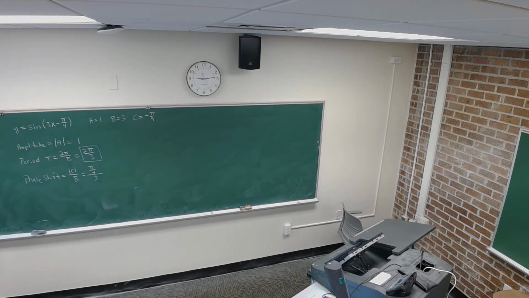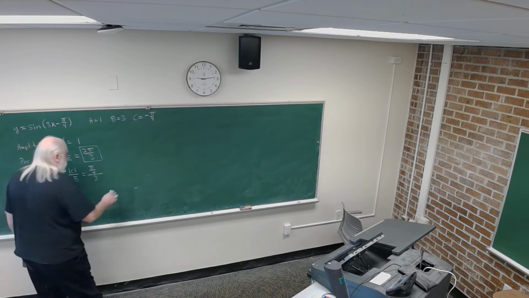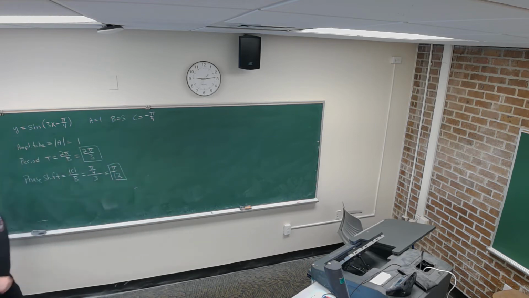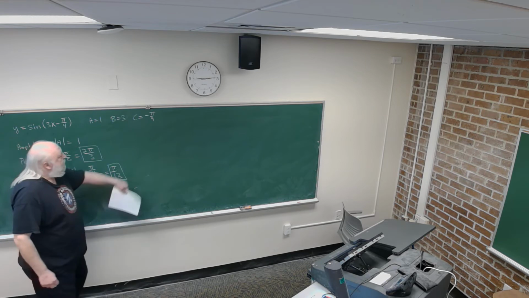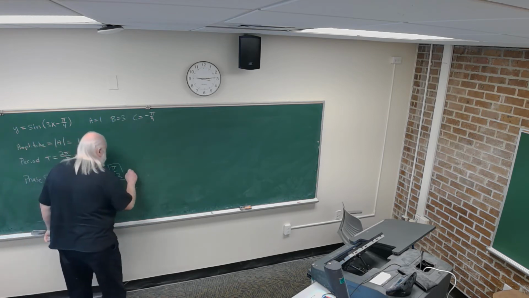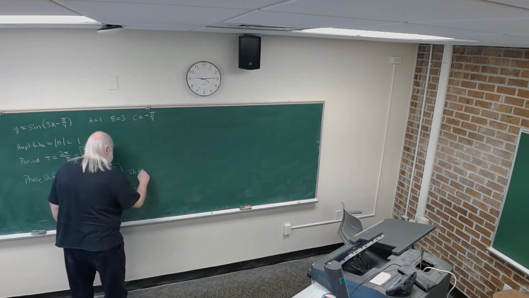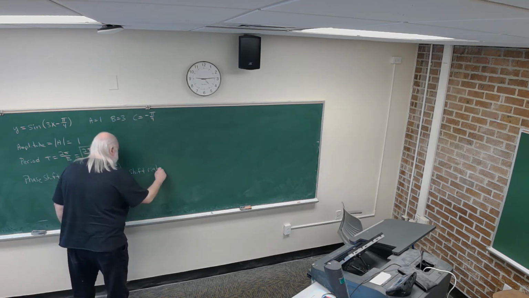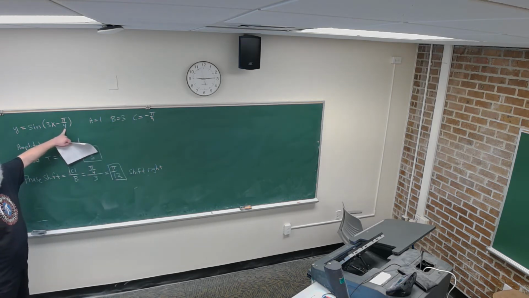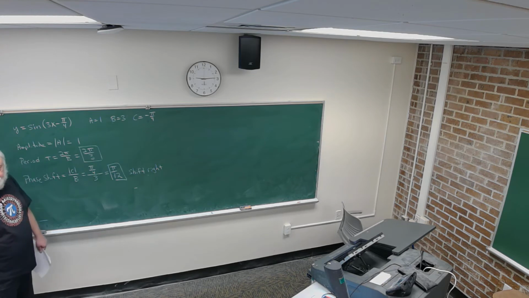And pi over 4 divided by 3 is equal to pi over 12. So the amount of the horizontal shift, the phase shift, is pi over 12 radians. Now, because c is negative, the shift is going to be to the right. So when you have minus something up here, it shifts to the right.